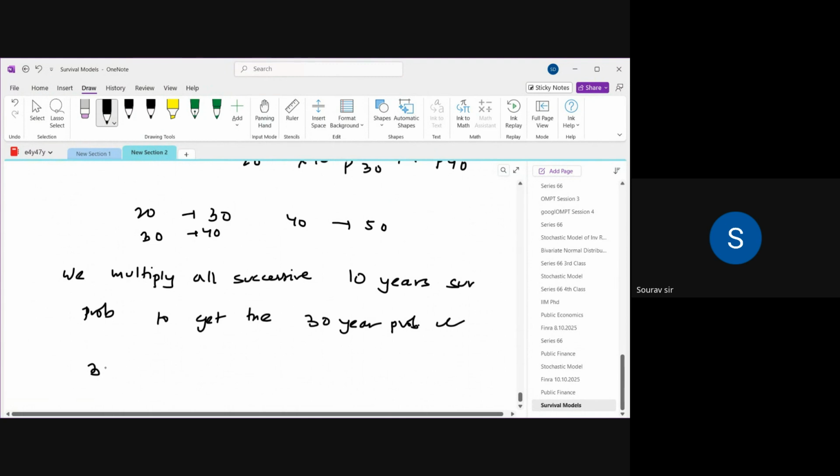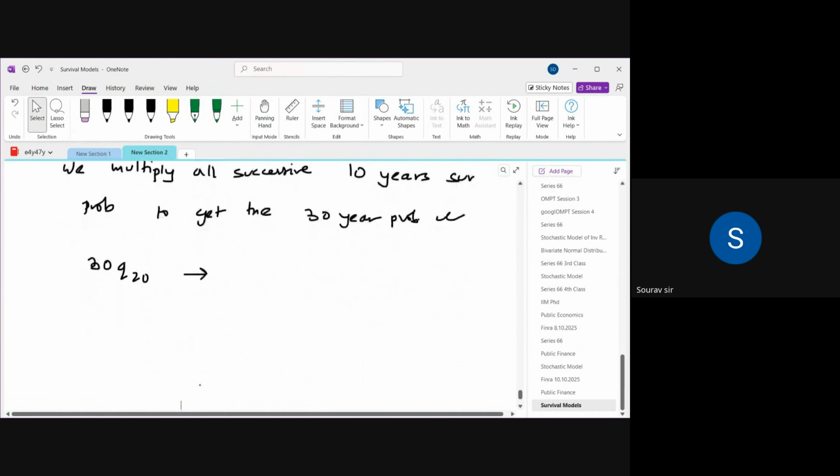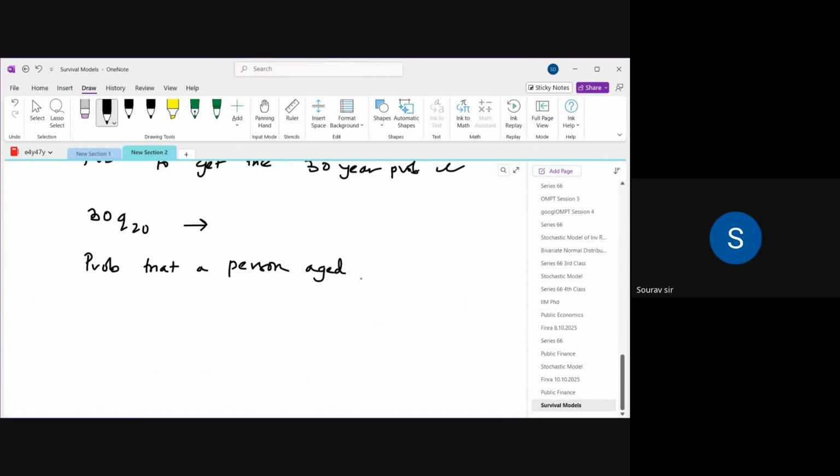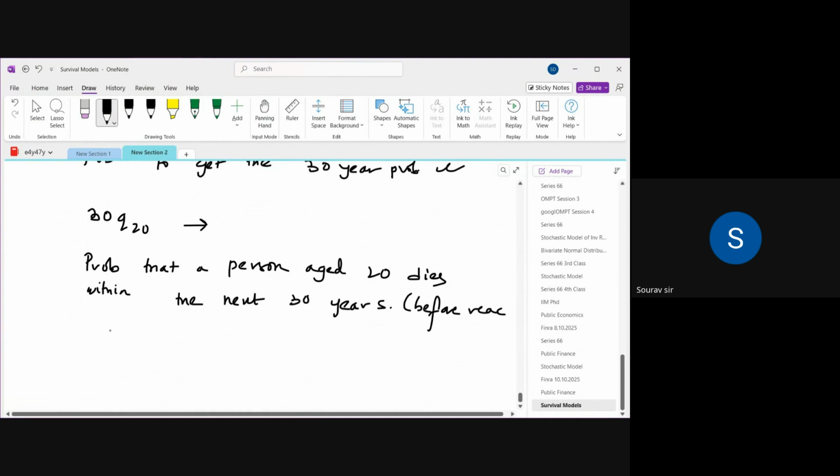Next, 30q20. That means the probability that a person aged 20 dies within the next 30 years, that means before reaching 50.